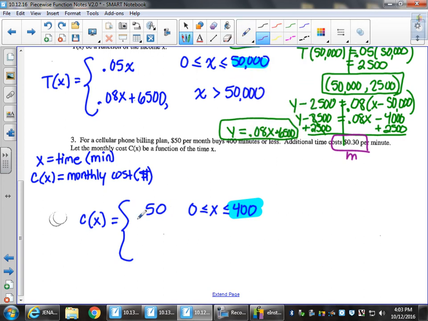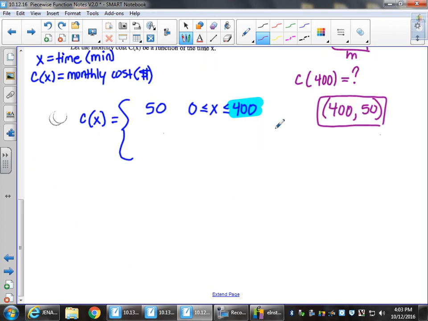I know because this is constant, when x is 400, because ultimately we'd like to say C of 400, y is 50. So here's my m, here's my point.